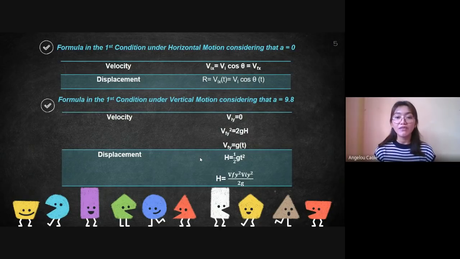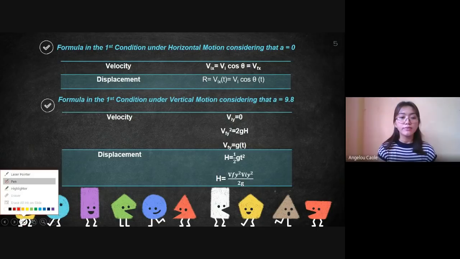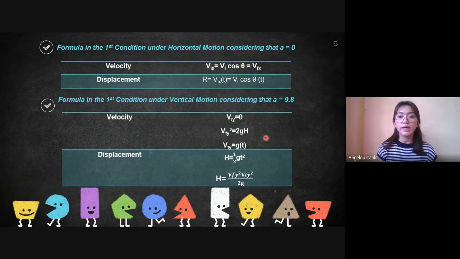And we also have Vfy is equal to g times time. For the displacement, the formulas are h is equal to 1/2 gt squared and h is equal to Vfy squared minus Viy squared all over 2g.